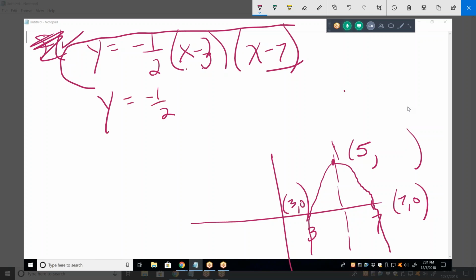It's always the same thing. We've done exactly the same thing on all 4 problems. Come up with a number there. 5 minus 7 is -2. 5 minus 3 is 2. -2 is 1.